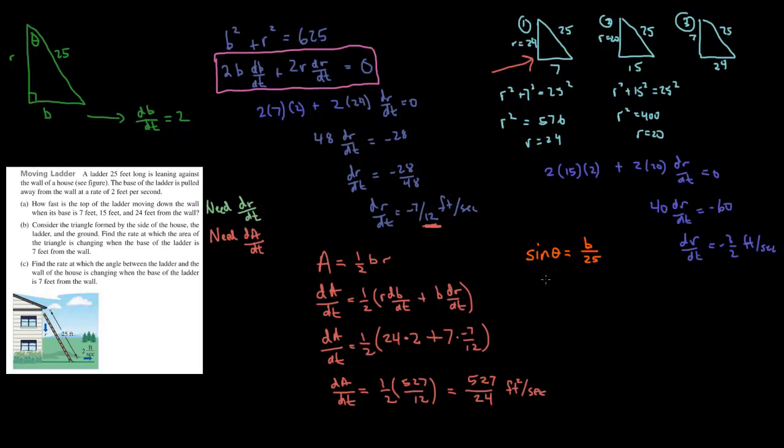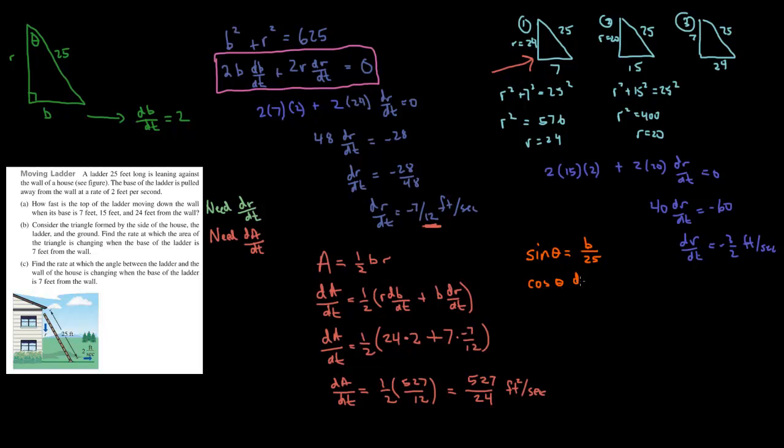Now let's see here. If we differentiate both sides, we'll get sine of theta. No, not sine of theta. What am I thinking? What's the derivative of sine? It's cosine.